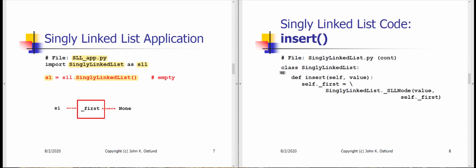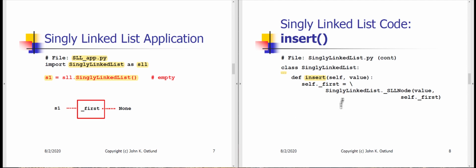Everything that we saw in the previous slide is still here, but now we're looking below that at this function called insert. And like any method, this has to take self as its first parameter. The second parameter is going to be the value that we want to have inserted into the list. Now, inserting always happens at the beginning of the list.